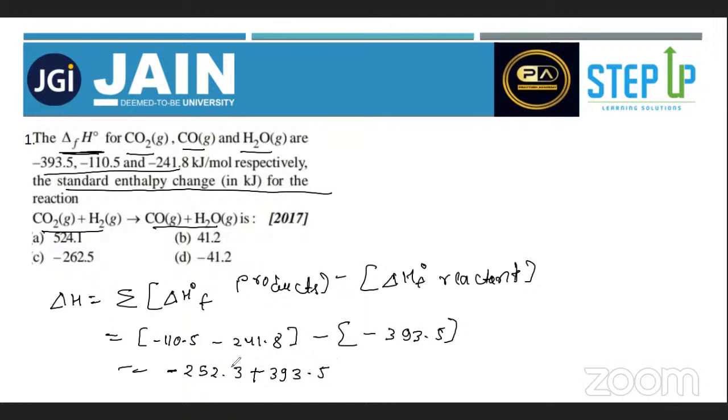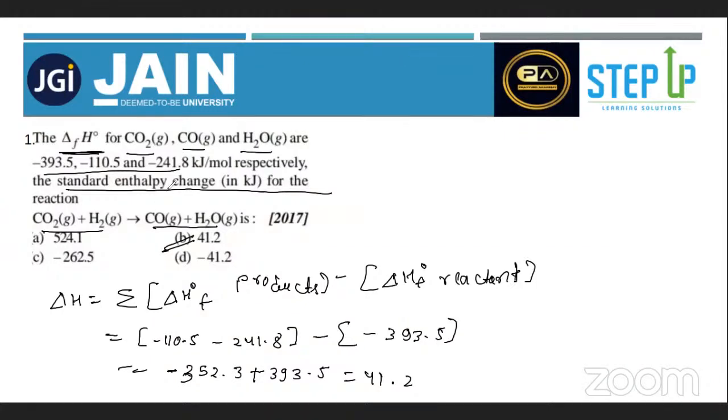Right? That will give you the answer as 41.2. So 41.2 is the answer. This is how we calculate the delta HF.